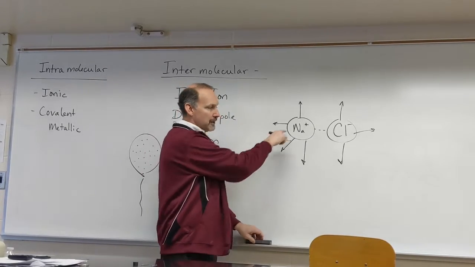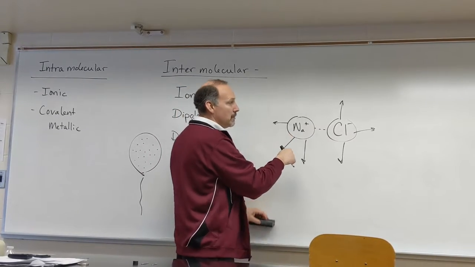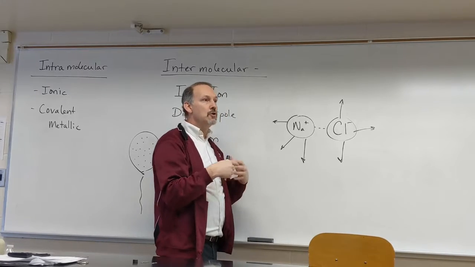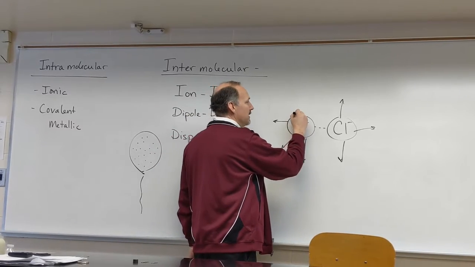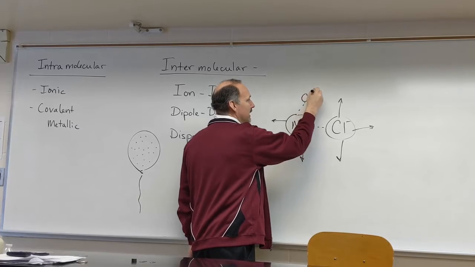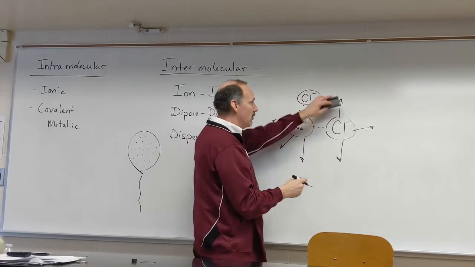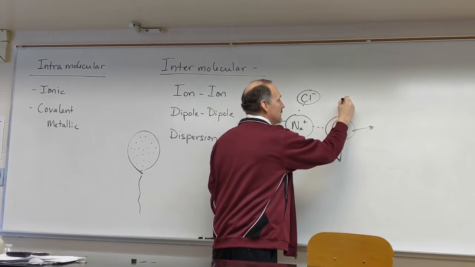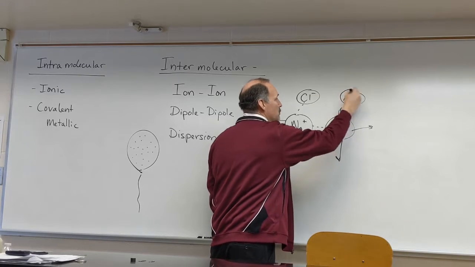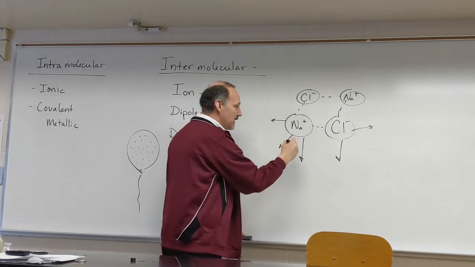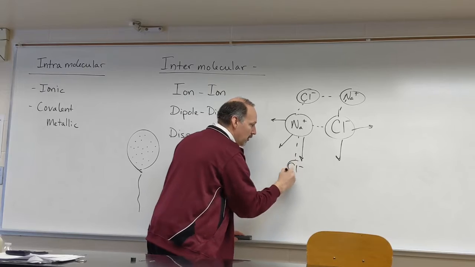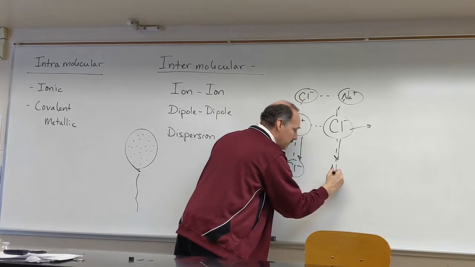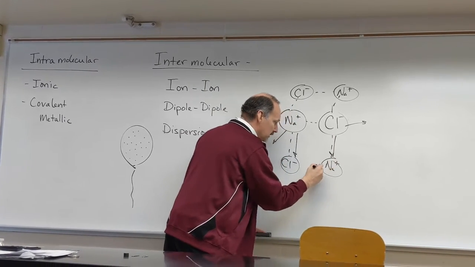This sodium actually is attracted because in a crystal there are numerous bonds. This sodium is attracted to a chlorine in another sodium chloride. And this chlorine over here is attracted to another sodium, which were originally bonded. And then that attraction goes to another chlorine, which goes to another sodium, which were originally bonded.